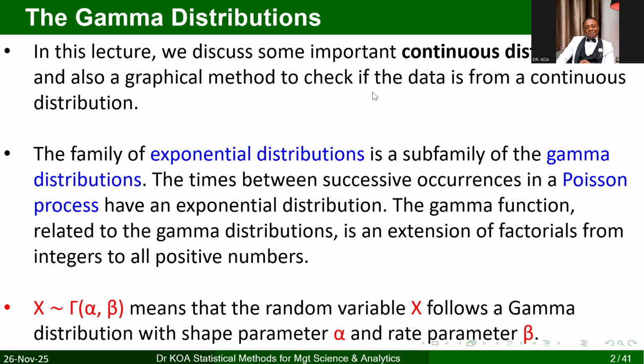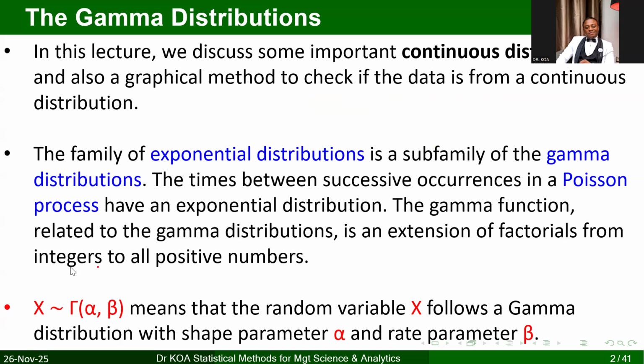Just as if you are talking about normal distribution, we say that a particular random variable is normally distributed with a zero mean and a constant variance, something like that. Or it's binomially distributed. So there are several of these things that you can look at. So that is the distribution of the gamma.